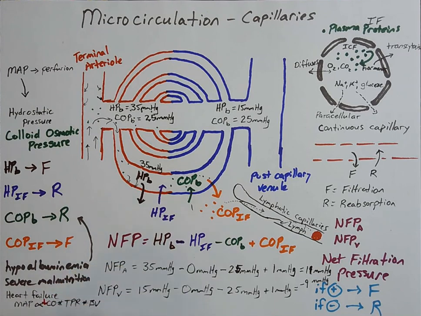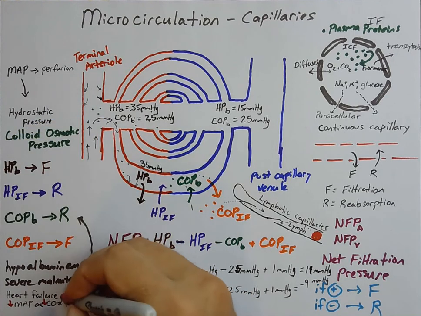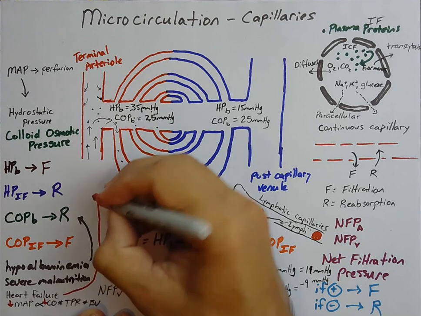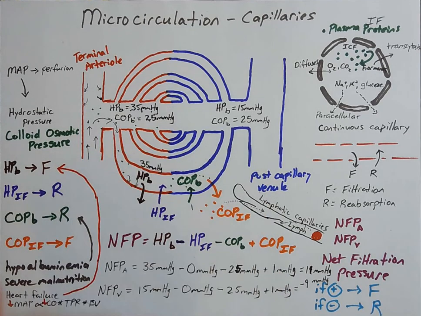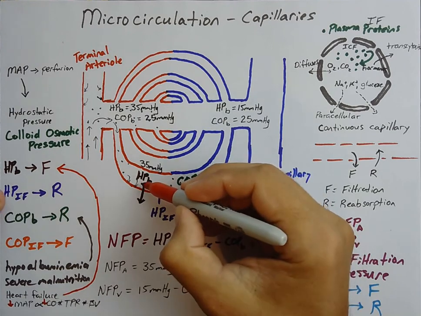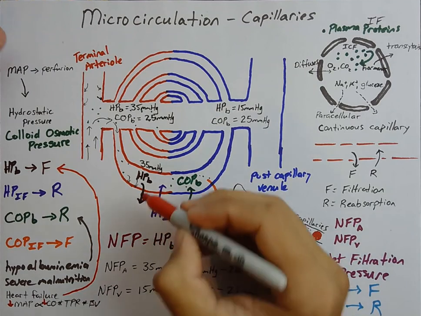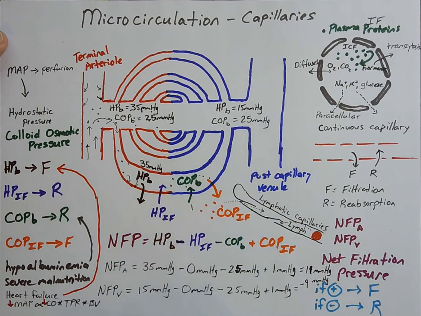And if that cardiac output drops, mean arterial blood pressure drops. And if mean arterial blood pressure drops, the hydrostatic pressure in the blood will be impacted, right? Now we're going to start to see a decrease in the amount of hydrostatic pressure in the blood. And that's going to, depending on where you are in the body, decrease filtration.